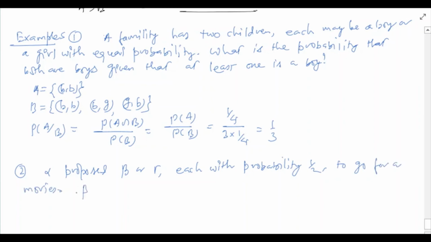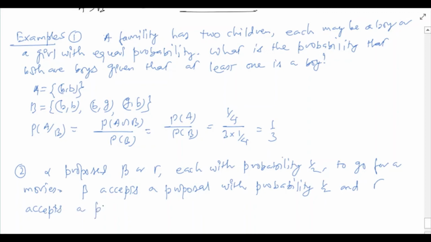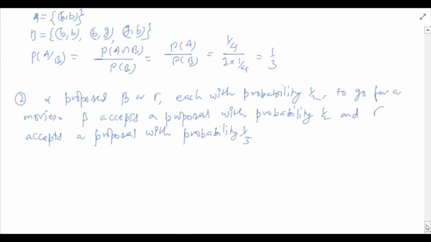Person beta accepts a proposal with probability half, and gamma accepts a proposal with probability 1 by 3. We are interested in probability that alpha will watch the movie with gamma.